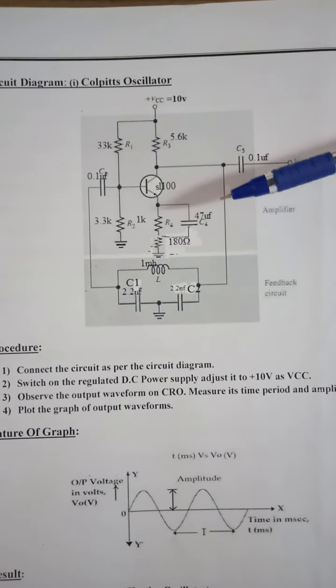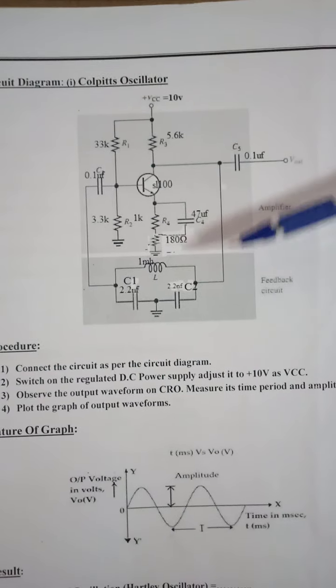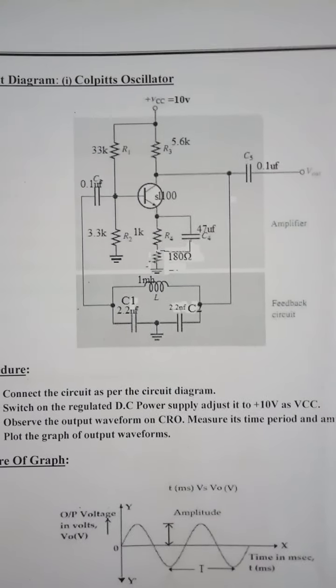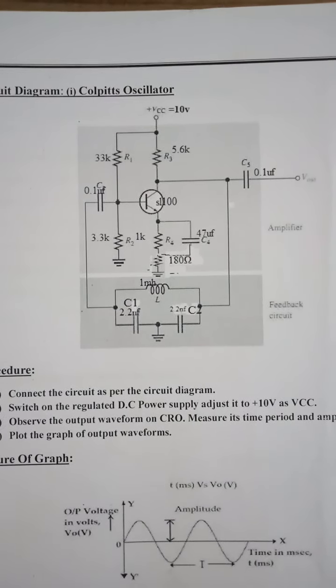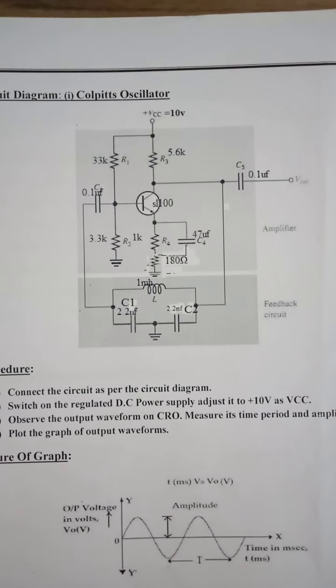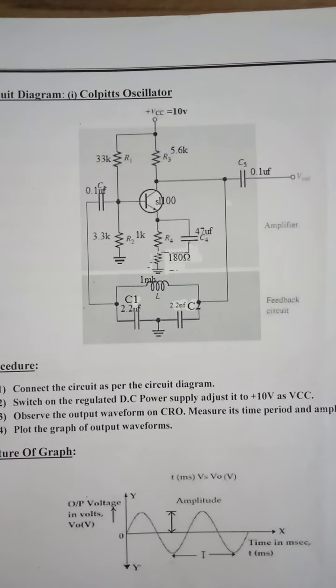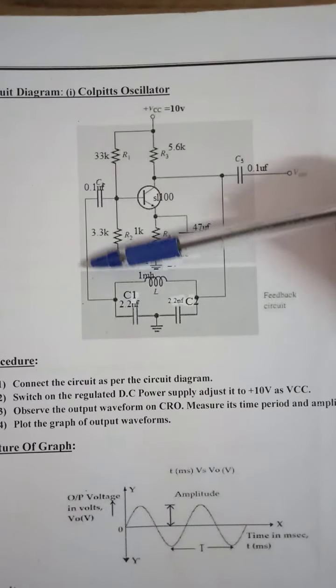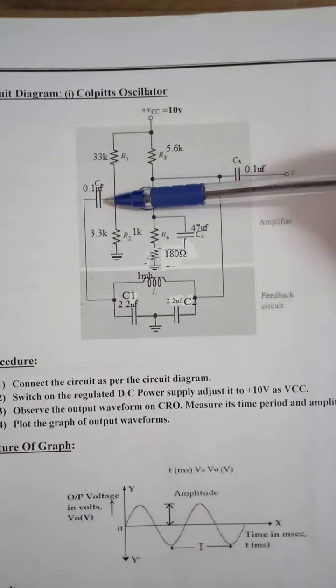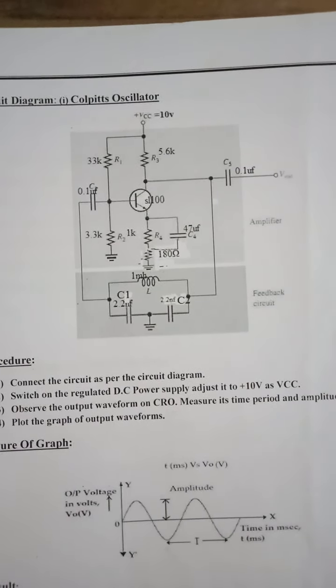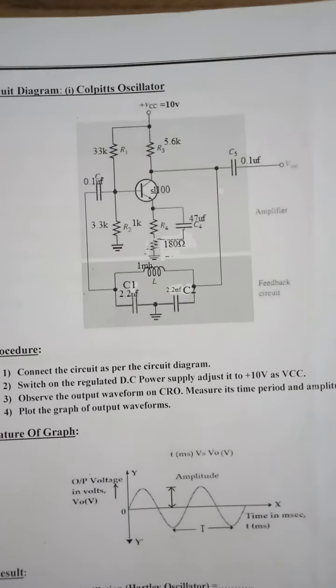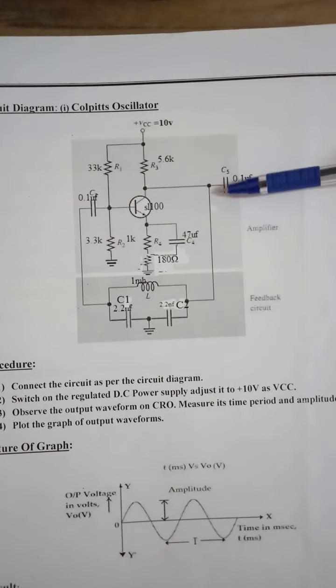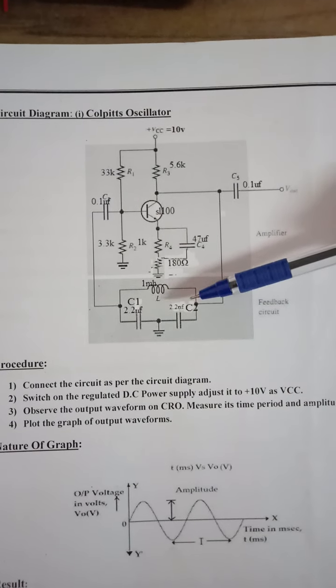Once we turn on the LC circuit, it will be resonating at the resonant frequency, but its amplitude is very small. The generated signal is fed back to the amplifier circuit, which, as you can see here, is done by using this capacitance. This amplifier circuit will amplify the signal, and the amplified signal is once again fed back to the feedback circuit.